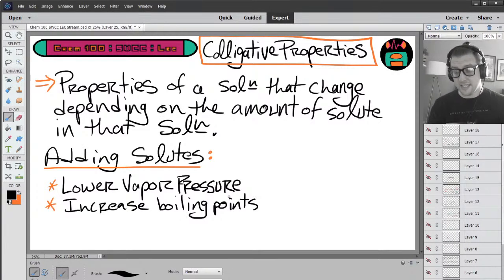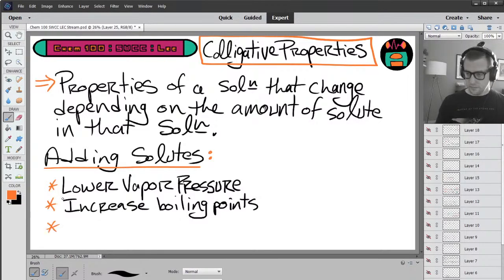It's actually not to season the pasta. It's because adding salt to the water, adding a solute, will increase the boiling point, which means that solution will boil at a higher temperature than water boils. And if you're boiling at a higher temperature, that means your pasta will cook faster. So it's actually to increase the speed, the amount of time it takes for that pasta to cook, not actually for flavor.